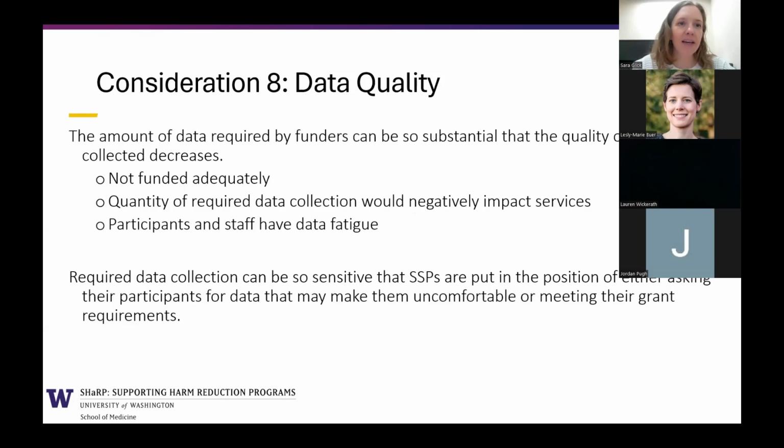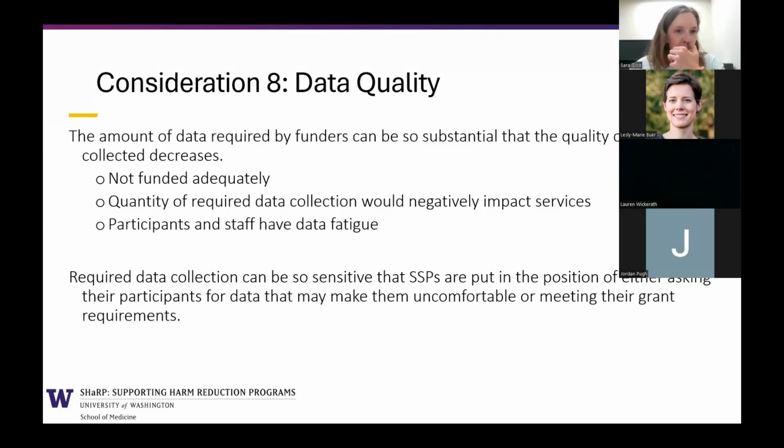And that can occur because programs are not funded adequately to collect and analyze data, and the large quantity of required data collection can negatively impact the services that they provide to participants if they're having to spend so much time collecting data as opposed to providing services. And then finally, over time, both participants and staff develop data collection fatigue, where folks just get tired of asking and answering the same questions over and over.